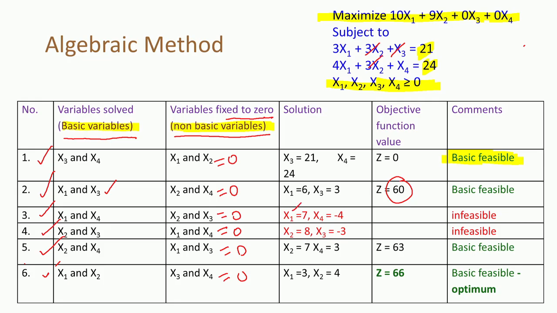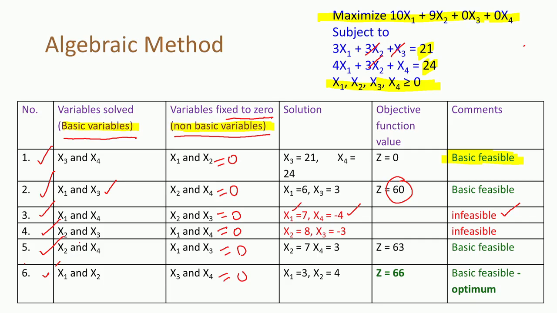So when we substitute x1 equal to 7 in the second equation, we get 28 plus x4 equal to 24, x4 is minus 4, and therefore this solution is infeasible and does not satisfy the non-negativity restriction. So we write it as infeasible and we do not evaluate the objective function.